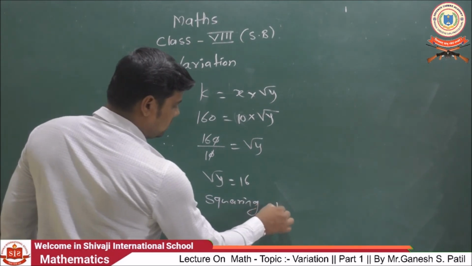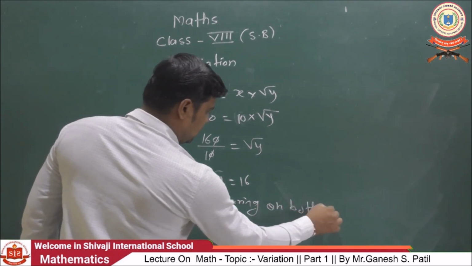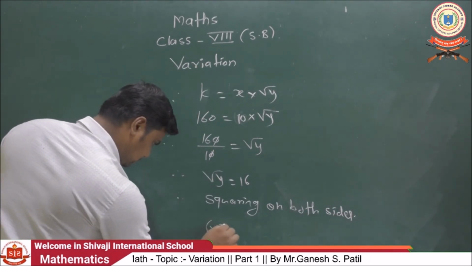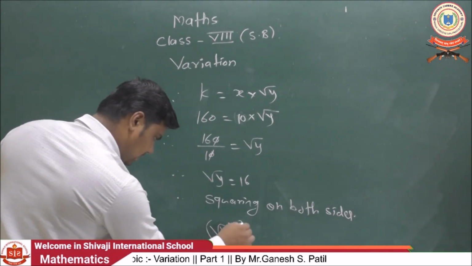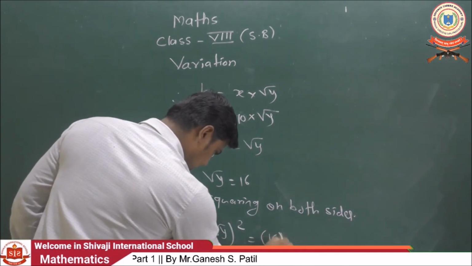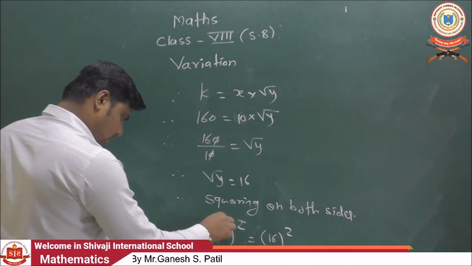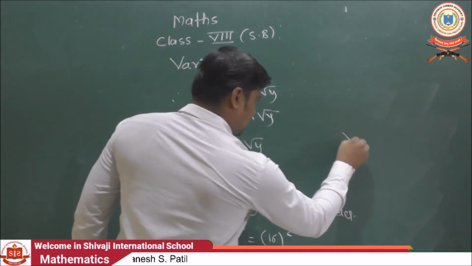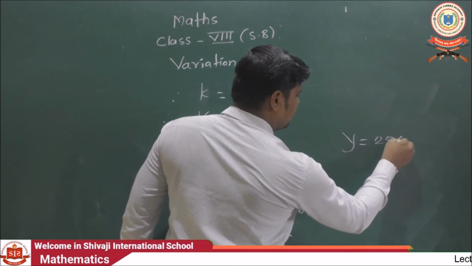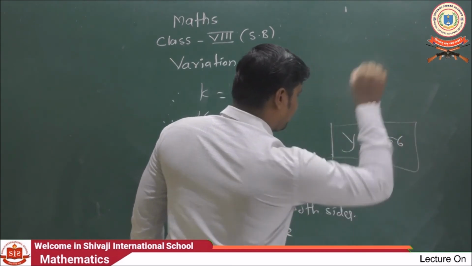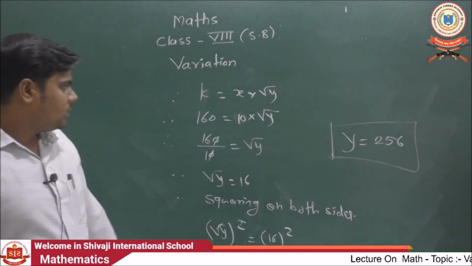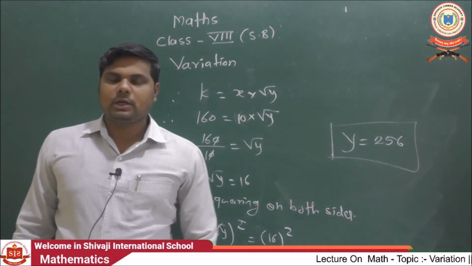In bracket under root y square, and here is 16 square. The square and square root cancel, that's why y is equal to 16 square, which is 256, means the value of y is equal to 256. Okay, this is an important example.